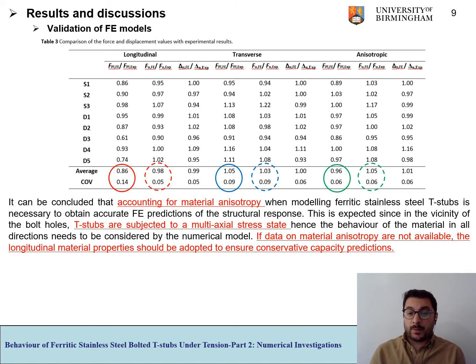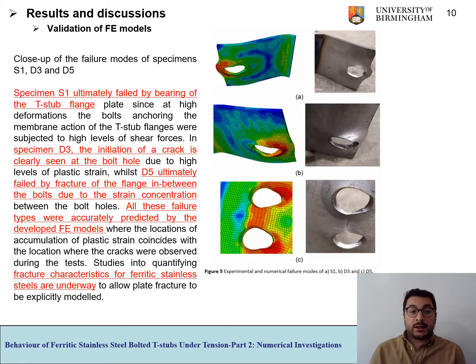And accounting for material anisotropy provides some accuracy. This is expected since, in the vicinity of the holes, these T-stubs are subjected to a multi-axial stress state, so the behavior of the material in all directions needs to be considered by the numerical model.